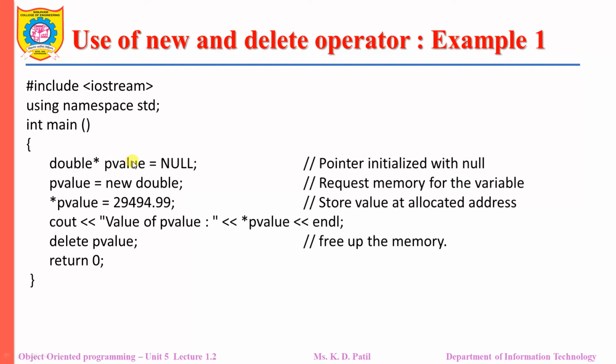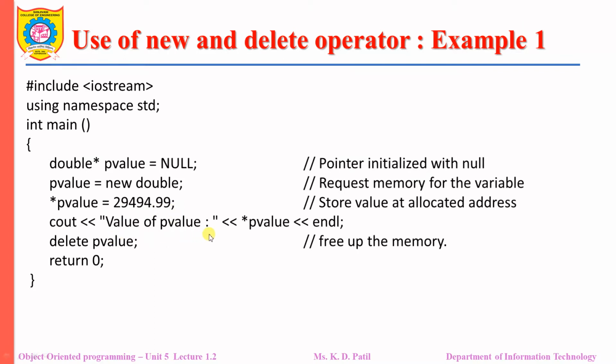Here we have a pointer p, and it is initialized as null. Then using the new operator, the memory is allocated to p, and now the memory is initialized and the value 29494.99 is stored at the allocated address.